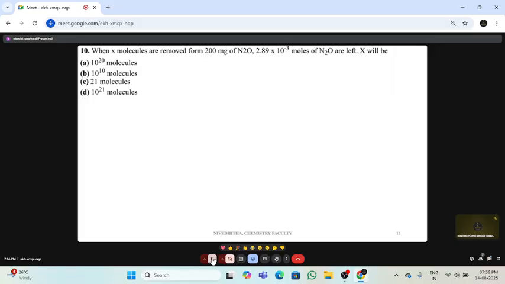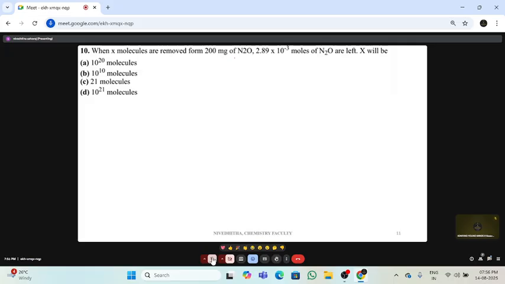So, 10th question. Can you try solving this? Try to solve this question. Here, the question is when X molecules are removed from 200 milligram of nitrous oxide, 2.89 into 10 power minus 3 moles of nitrous oxide are left, and they're asking us to find the value of X. Here the problem is the unit.